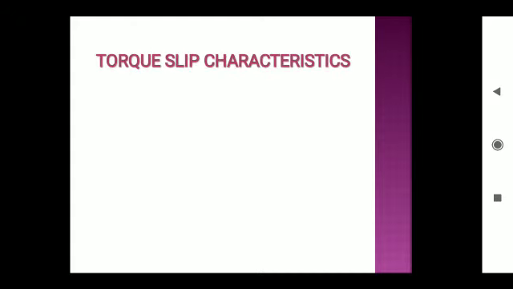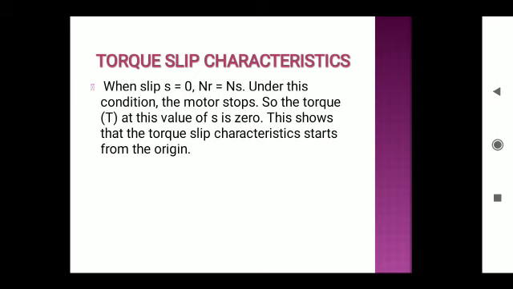Now the next part is the torque slip characteristics. When S equals 0, that means when the rotor speed is equal to the synchronous speed, actually the rotor speed is nearly equal to the synchronous speed. Under this condition the motor stops, so the torque T at S equals 0 is zero.